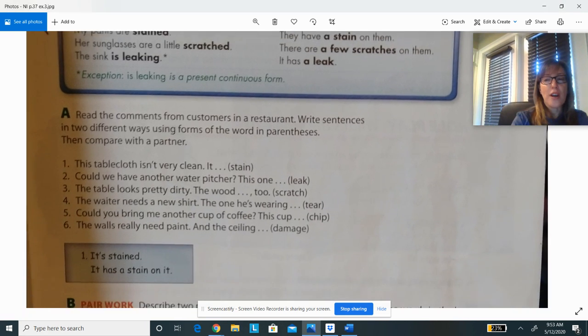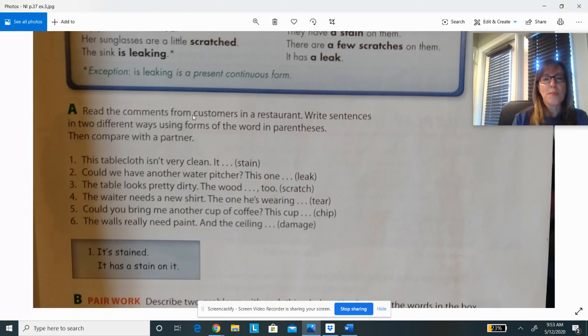Okay, let's try this. It says, read the comments from customers in a restaurant. Write sentences in 2 different ways using forms of the word in parentheses. Number 1. This tablecloth isn't very clean. We have stain. Stain has a past participle form, and it's also a noun.